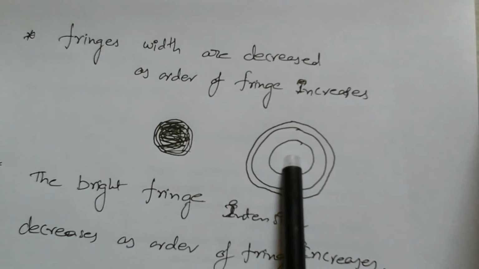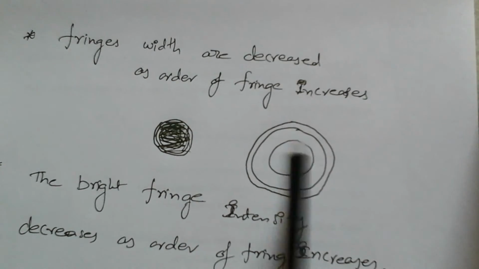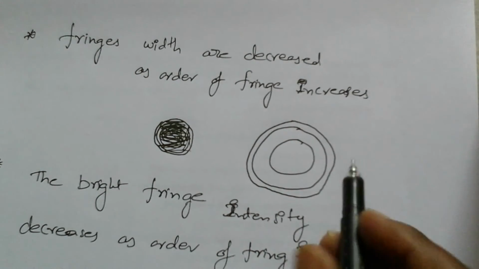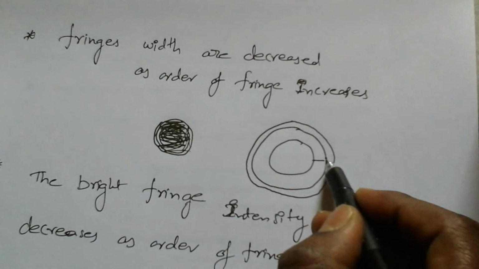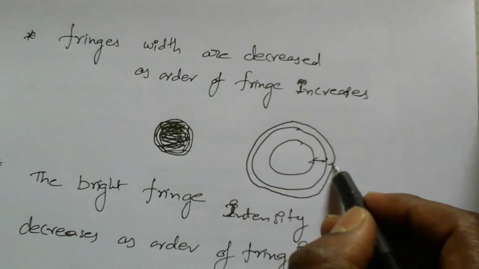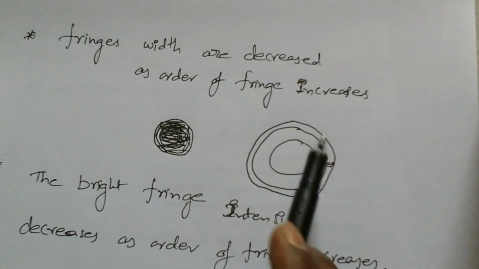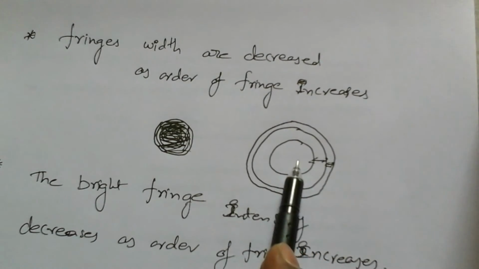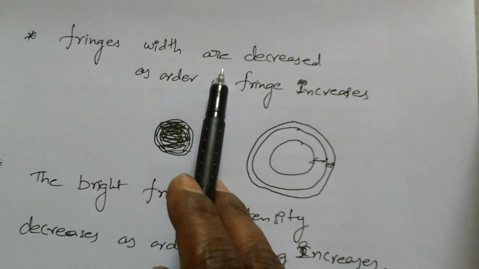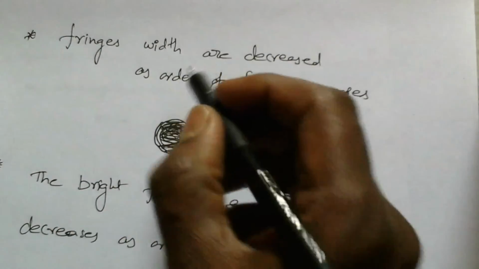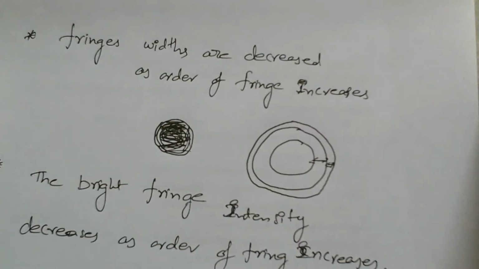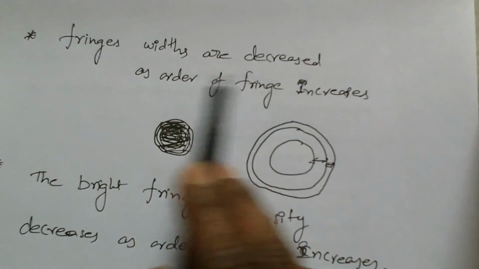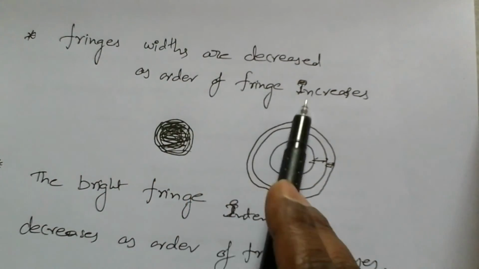See, this bright fringe width is more if you compare, this width is less, this width is more and this width is also more. So we can say fringe widths decrease as order of fringes increases.